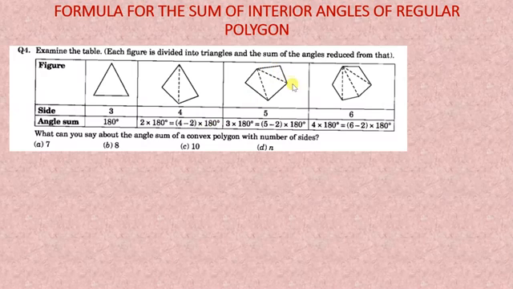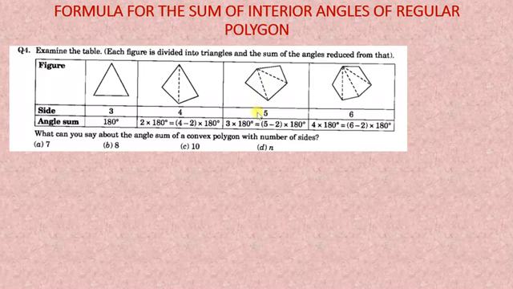In the next figure, we have a pentagon. If we draw two diagonals of it, then this pentagon is divided into three triangles. And so the sum of interior angles of this pentagon will be 3 multiplied by 180, because the sum of angles of a triangle is 180 degree, and we have three triangles here.